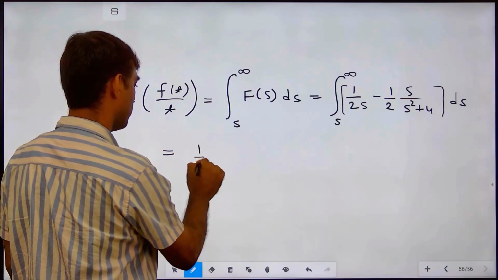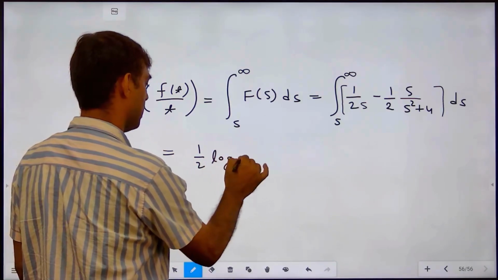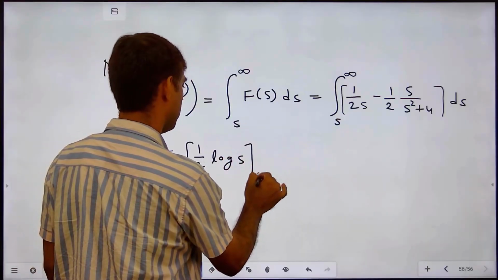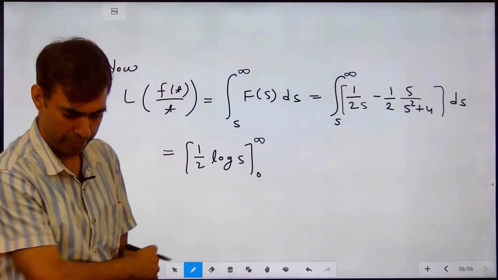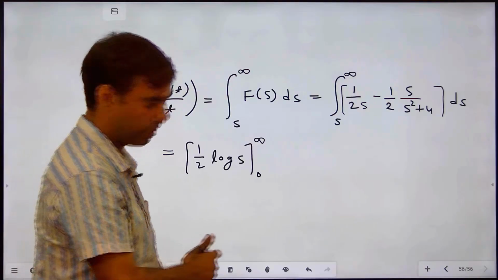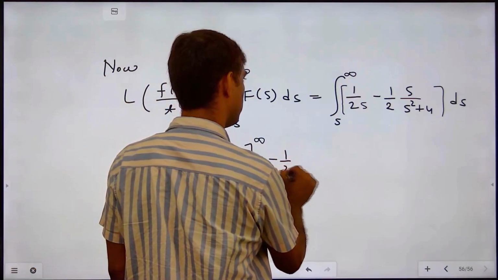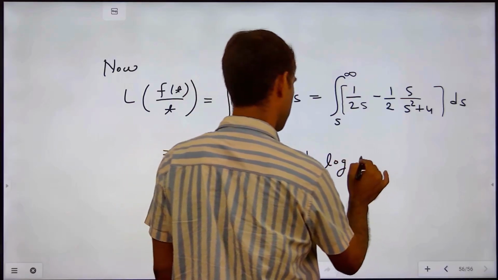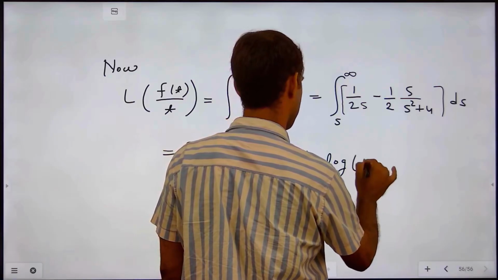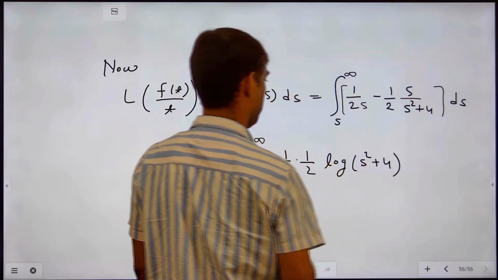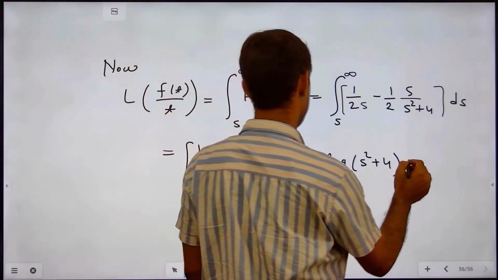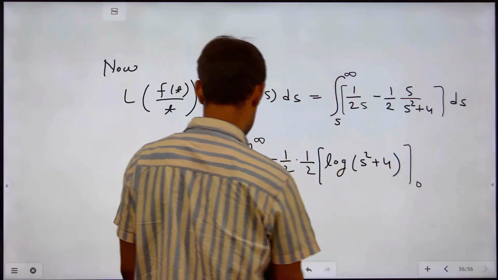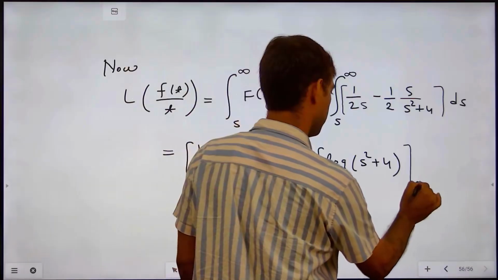This becomes (1/2) log s, with limits s to infinity. And the second one is −(1/2)·(1/2) log of (s²+4), taking the limit from s to infinity.